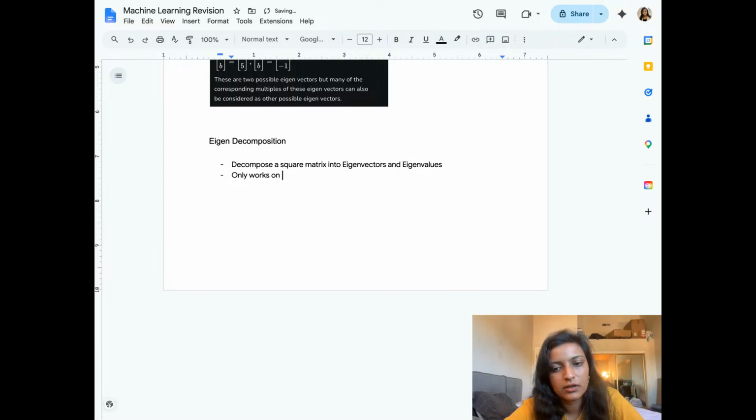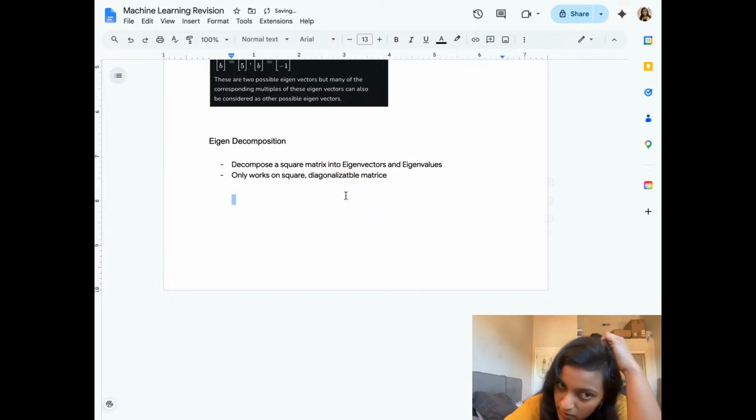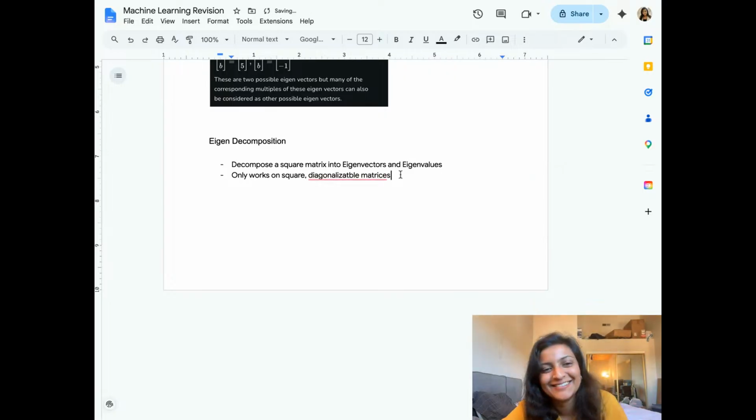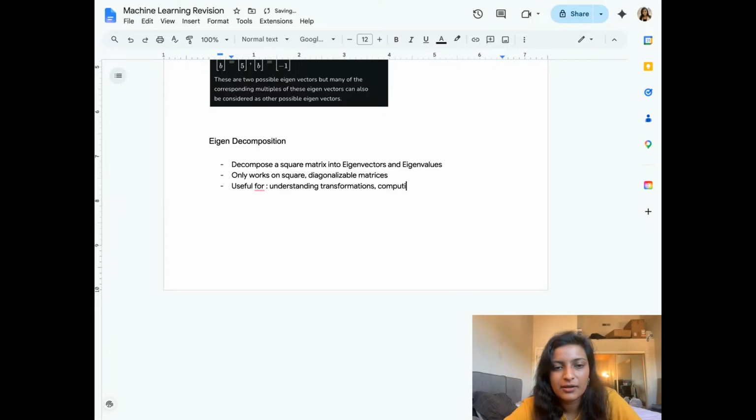It only works on diagonalizable matrices. It is useful for understanding transformations, computing matrix powers, and is the foundation for PCA.